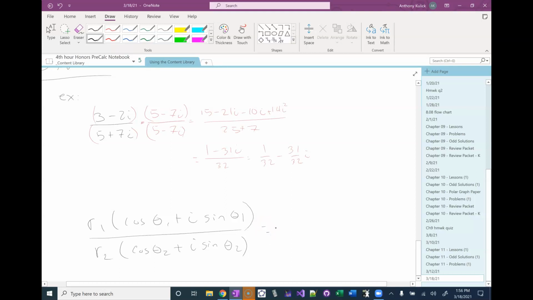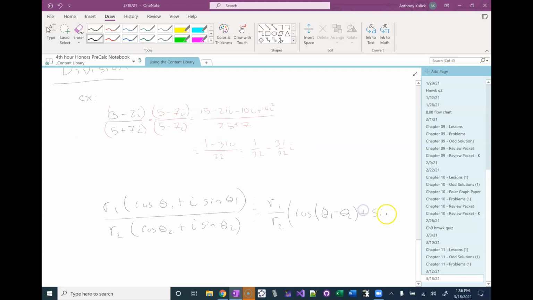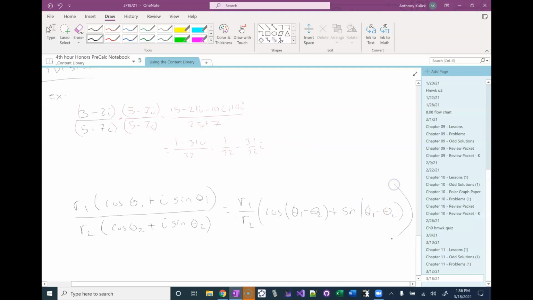Now I could do the same thing I did on the previous one, but I'm going to skip the derivation and just go straight to the result. Because that's how it's going to work out. So if I take the two complex numbers in trigonometric form, I divide the coefficients and subtract the angles, where the angle in the numerator is subtracted by the angle in the denominator.